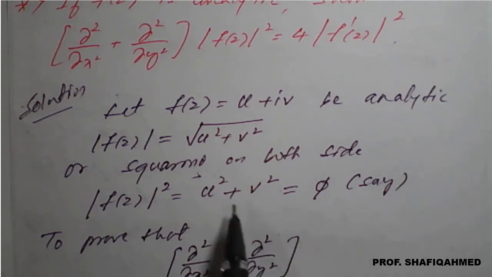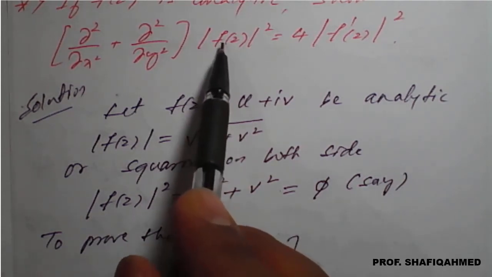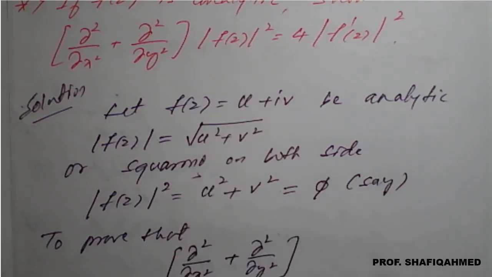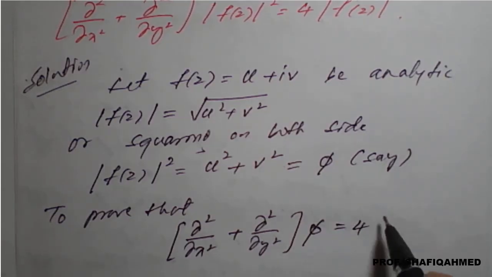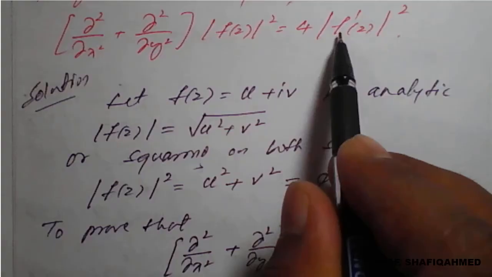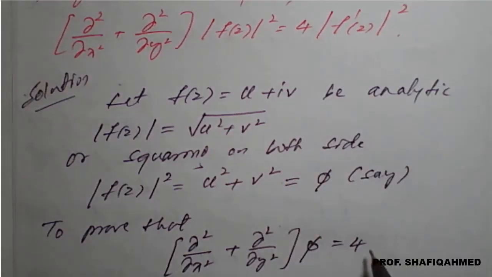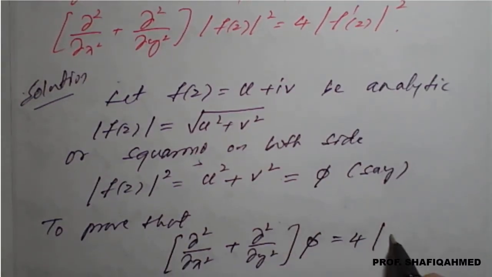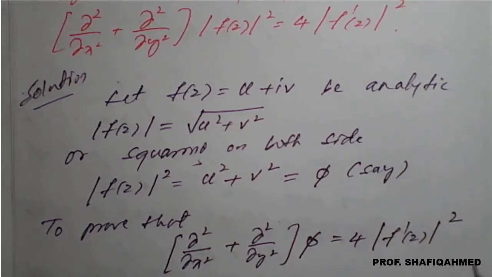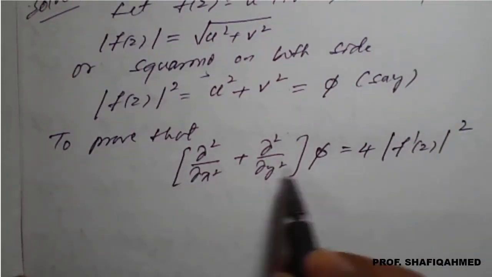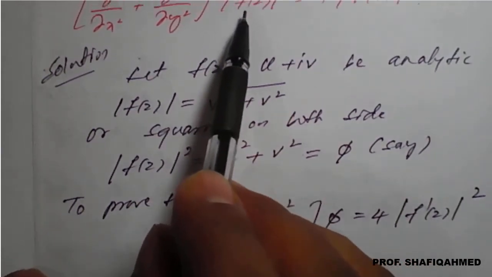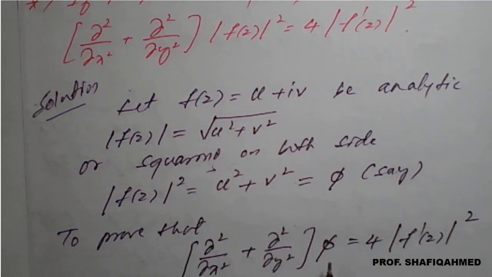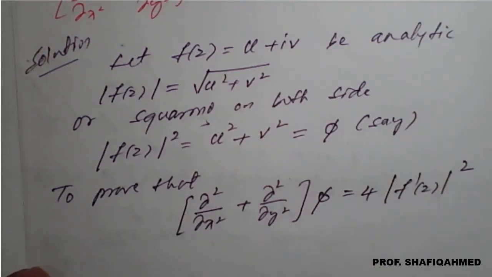So in place of |f(z)|², I will write phi, equal to 4 times the right-hand side, 4 times |f'(z)|². This is the same statement, just that I have changed |f(z)|² to phi here.